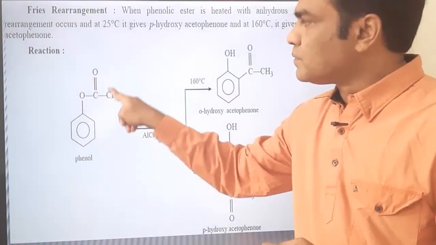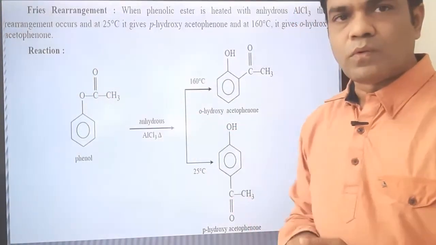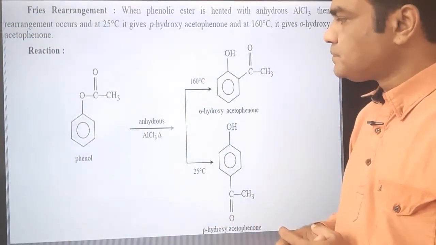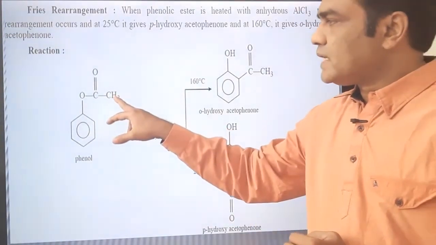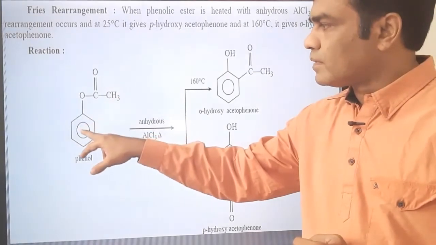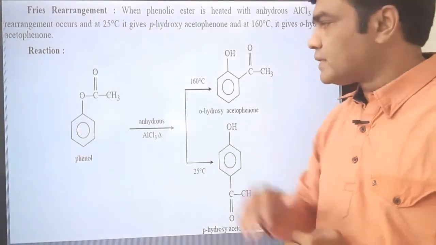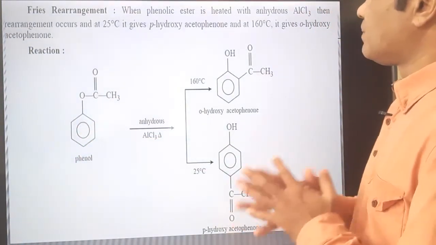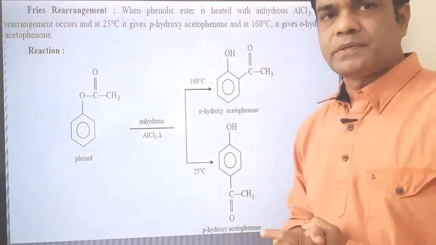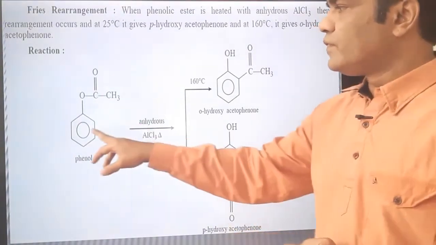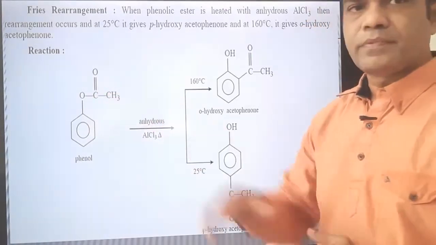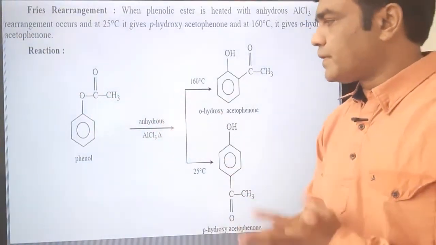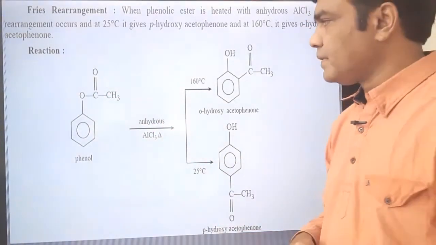This functional group C double bond O is called the ester group, and from one side there is a methyl group and oxygen is attached to the phenyl, that's why it is called a phenolic ester. What is the name of this phenolic ester? It is phenyl ethanoate. This is an example of an ester.